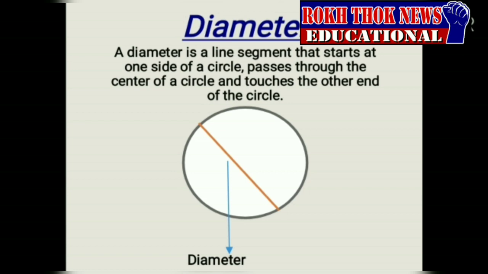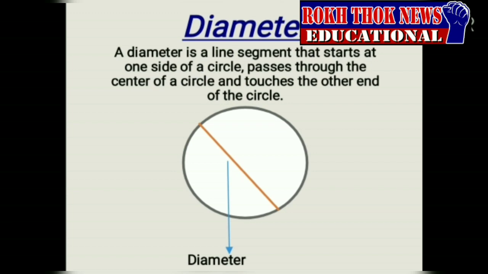Now next is diameter. Can you see the blue line drawn? Yes, shown with the arrow marks. So, a diameter is a line segment that starts at one side of a circle, passes through the center of the circle and touches the other end of the circle. So, a diameter is also a line segment that joins 2 points on a circle.